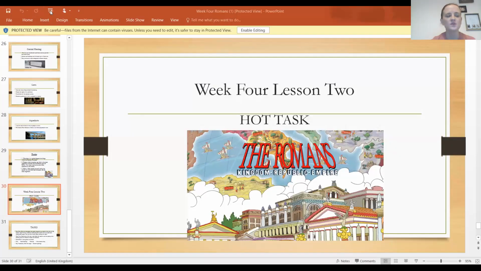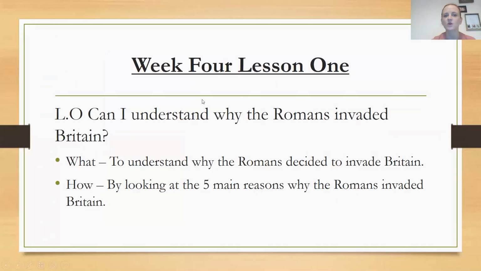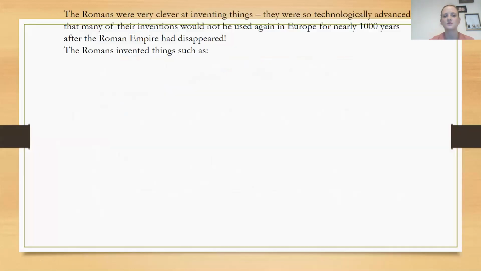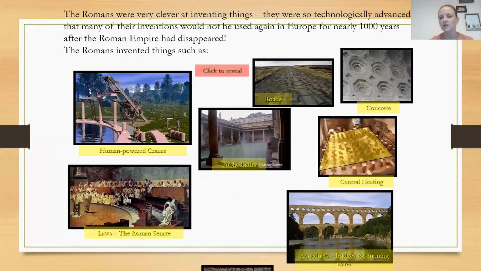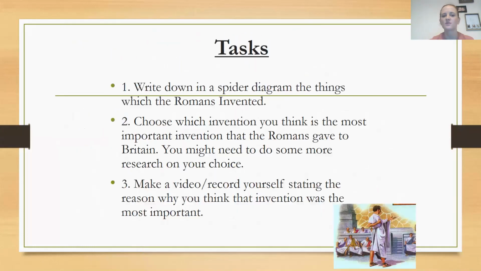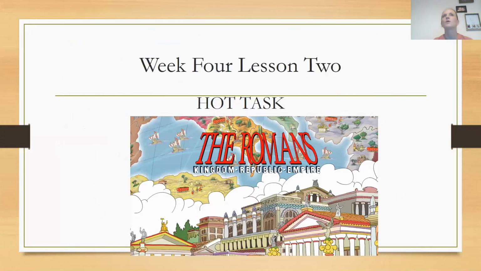In today's lesson, we are going to be finishing off a little bit about the Romans, and today's task is going to be a hot task about the Romans. In the previous few lessons, we were looking at all different information about the Romans, who they were, what they did, how they came to Britain, some of the legacies that they left behind.